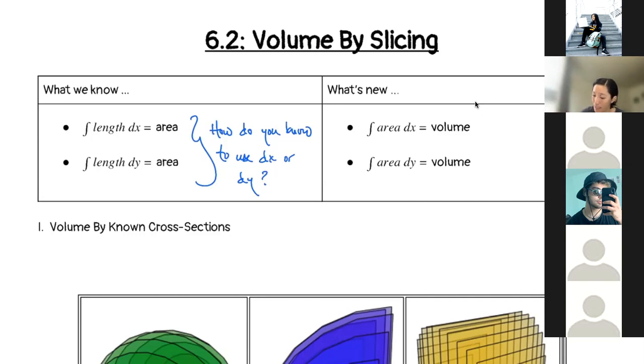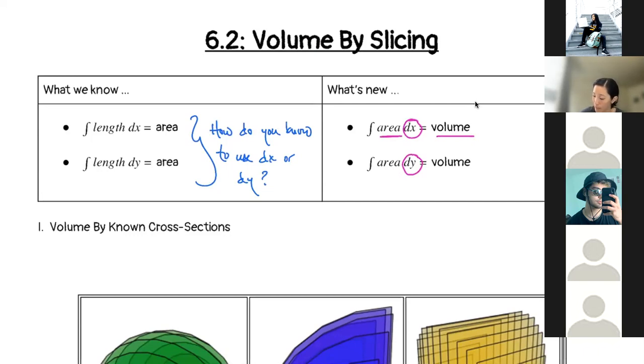Okay. And what we're going to talk about today, we're going to at least get started with this, is now instead of finding the length, those purple lines that we were drawing on Monday, what we're going to now be finding is, when we integrate area, we're going to get volume. And we could do this with respect to x, or we could do this with respect to y.